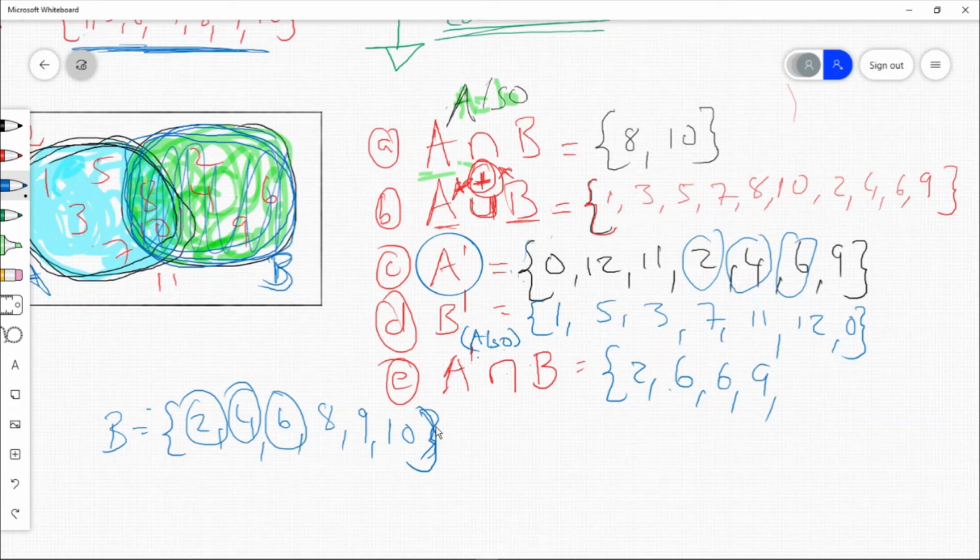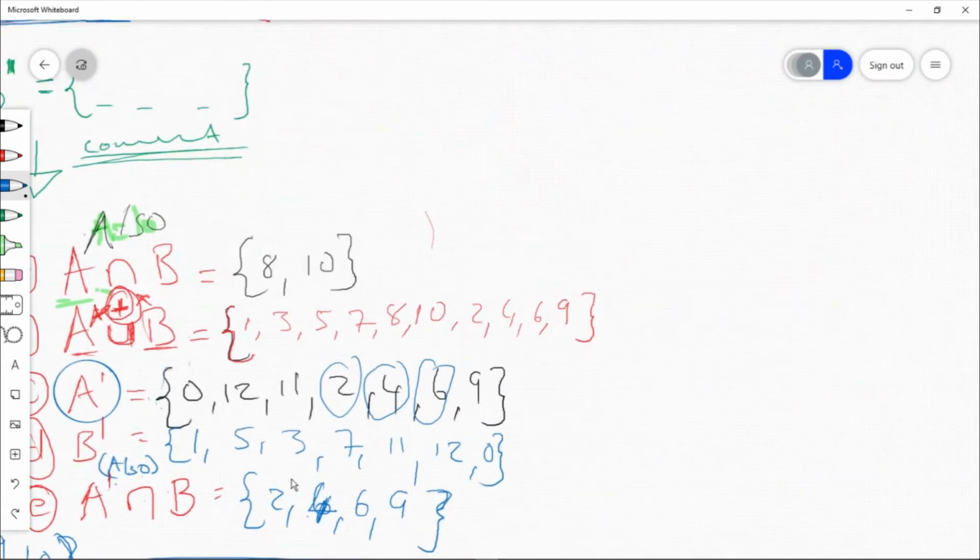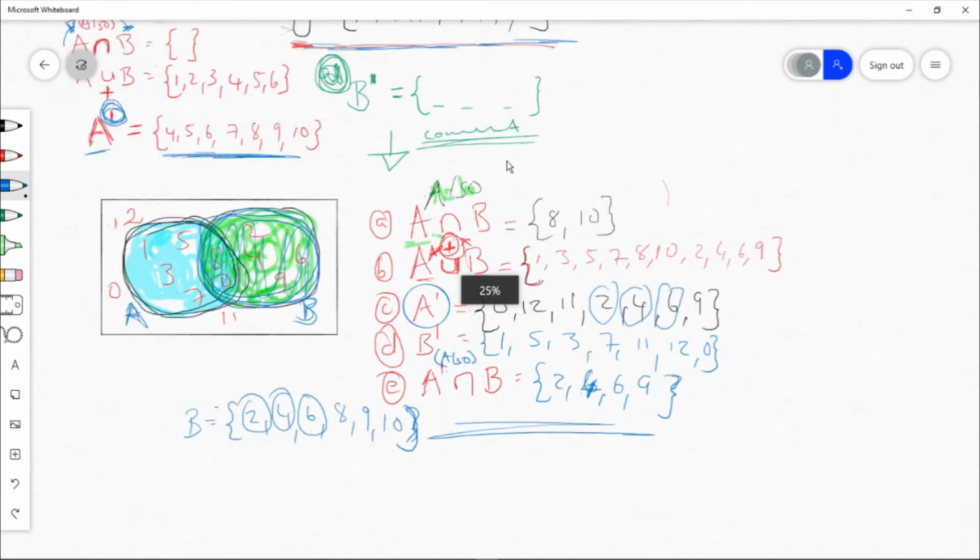So 2, 4, 6, 9. That is all. So that's how you do these. I think I'm going to stop here for now, so I don't bore you guys too much.